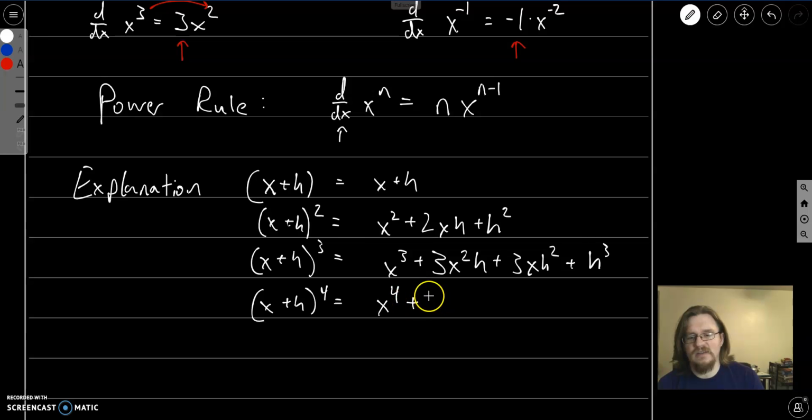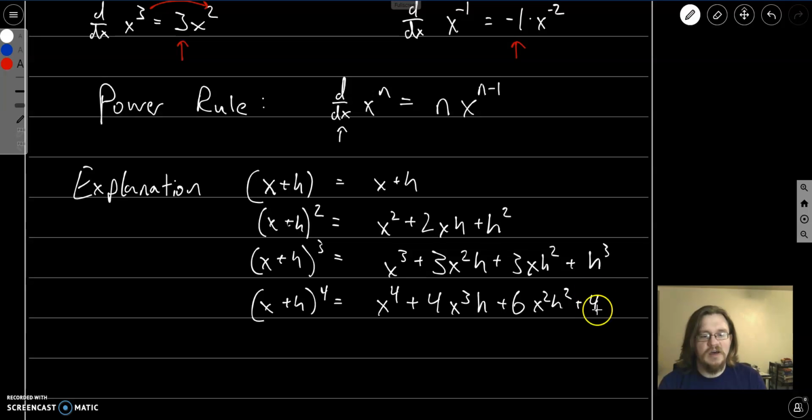And it starts to get a little bit messy, get a little bit long, but at the same time, because there is this nice pattern, we know exactly what's going to happen here.